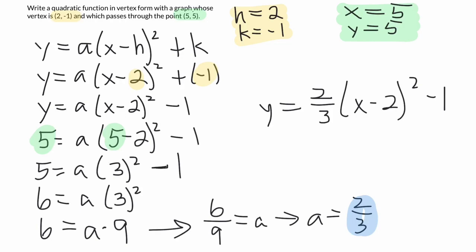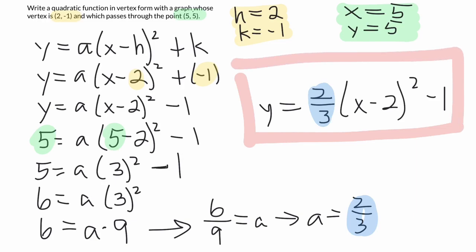And I'm going to color code the substitution that you see so that you can see what happened there. And that's the answer to this whole exercise. Y equals 2/3 times (x minus 2) squared minus 1.